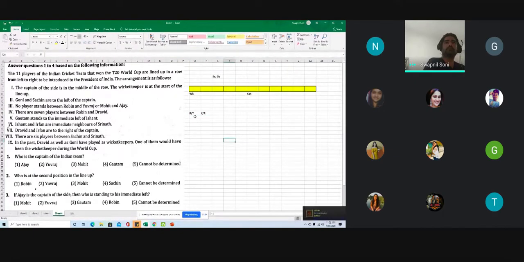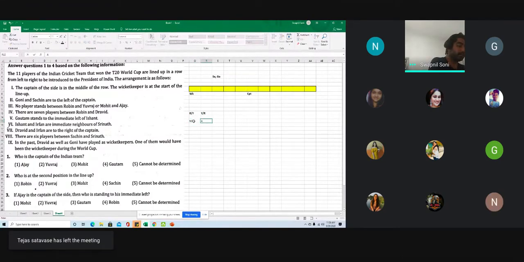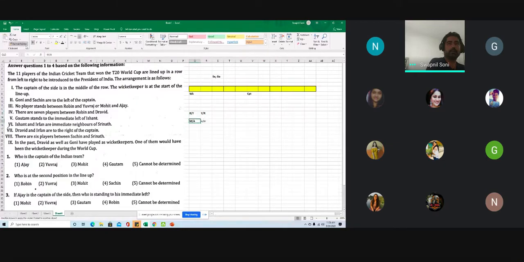And similarly, you can have Mohit or Ajay in any possible combination. Okay? We don't know where they are, but we know they are next to each other.